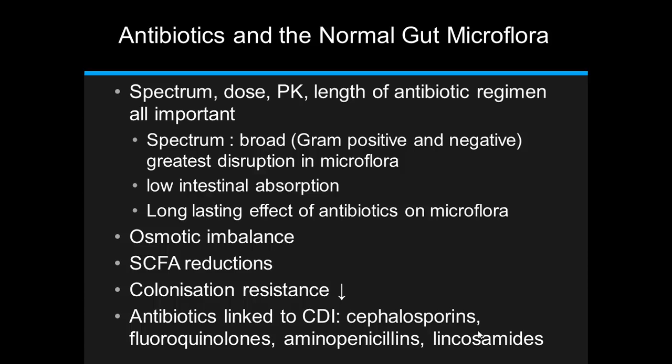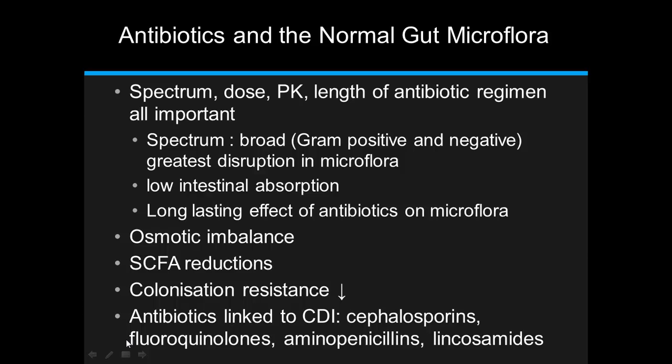Clostridium difficile is generally resistant to these antibiotics and able to grow quite happily within the colon when individuals are undergoing therapy with these agents. And when C. diff grows, it will then produce its toxins and cause consequent diarrhea.